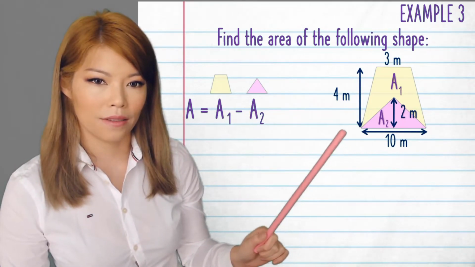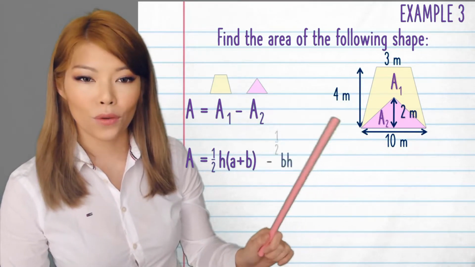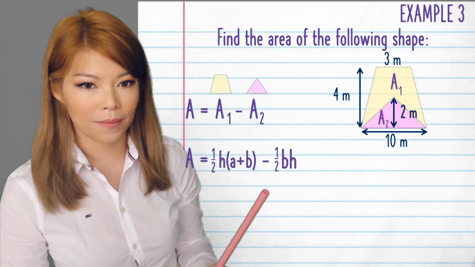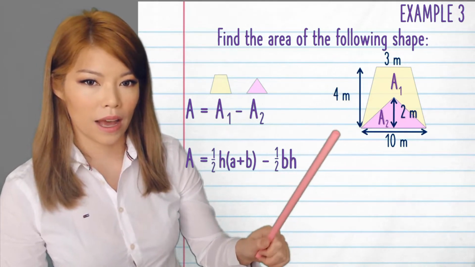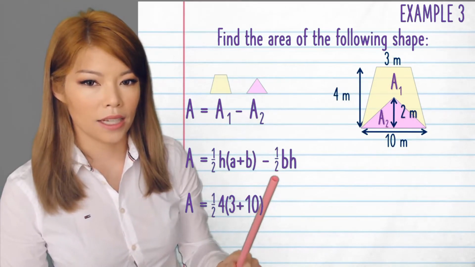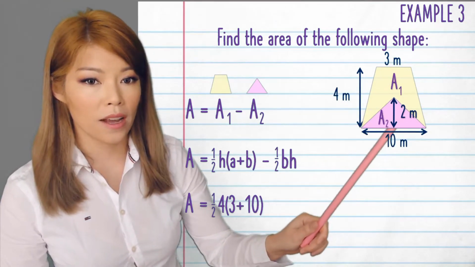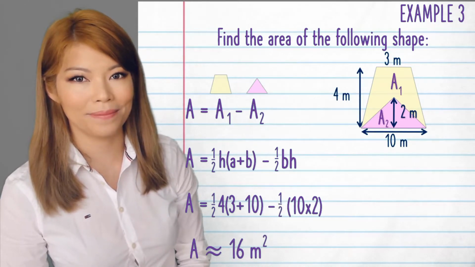The trapezium formula is half height times A plus B. The triangle formula is half base times height. Now we can plug in all the values. Be very careful. The height we have here is 4. A plus B is the 3 and 10. The height of the triangle is 2, and the base is 10. Plug that into the calculator and you get 16 meters squared.